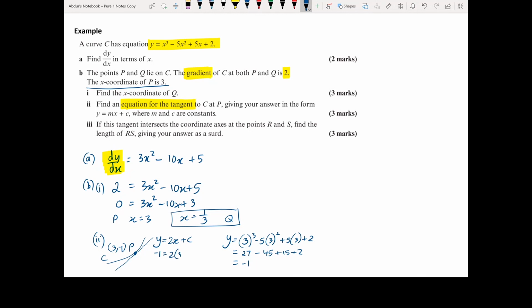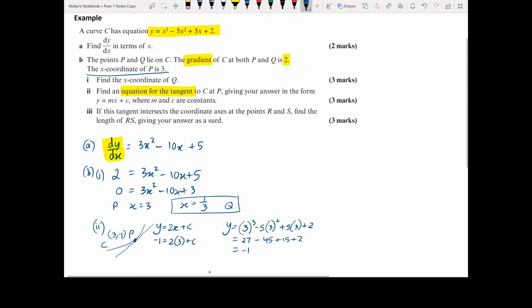Minus 1 equals 2 times 3 plus c, and we can substitute that because that coordinate also lies on that tangent. This gives us minus 1 minus 6, which is minus 7, is equal to c. Therefore, the equation of the tangent is y is equal to 2x minus 7. So that's part 2 of the question.